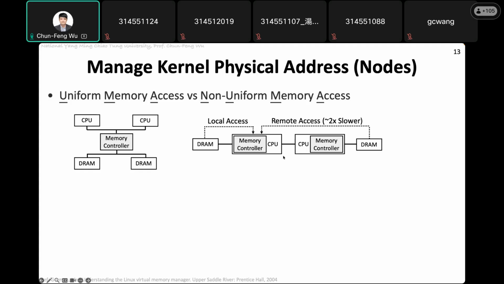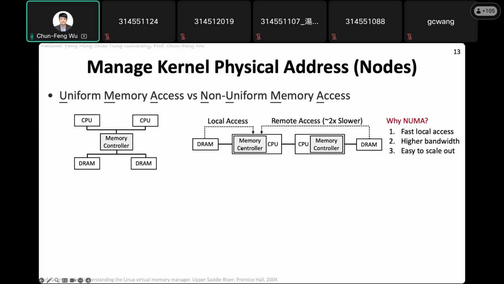Okay, so if you have a server, you can open your server. If you have two sockets, like two CPUs, you can find that most of the DRAM is connected very close to the CPU, in this kind of structure. So NUMA is widely used now, and due to this reason, Linux also needs to support NUMA.